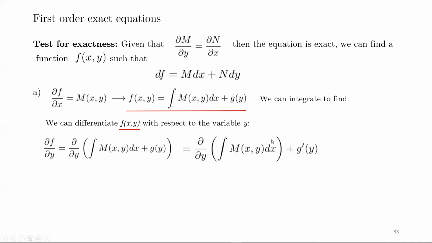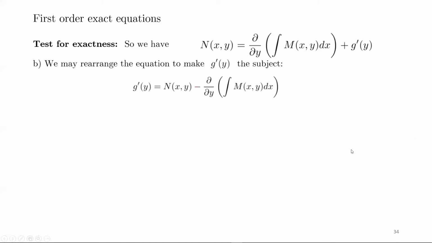Okay, the other thing is, we already know from the definition that df by dy, the partial derivative of this function f with respect to y, is nothing other than this thing n. So we now know that this right-hand side, the partial derivative with respect to y of the integral of m dx plus g prime of y, is equal to n.